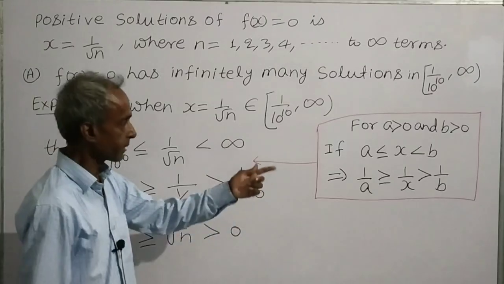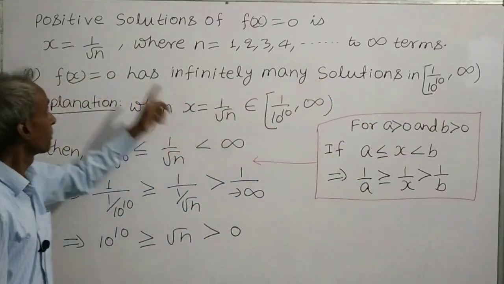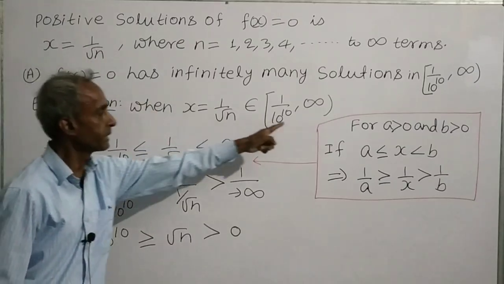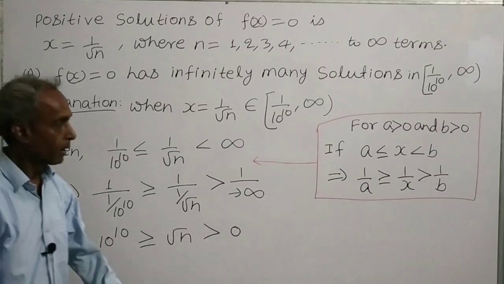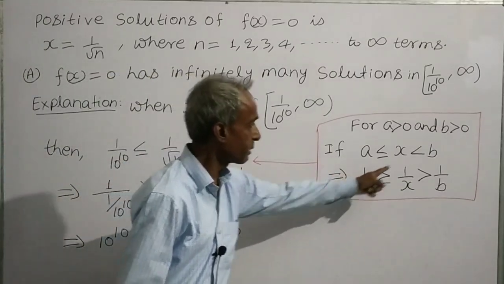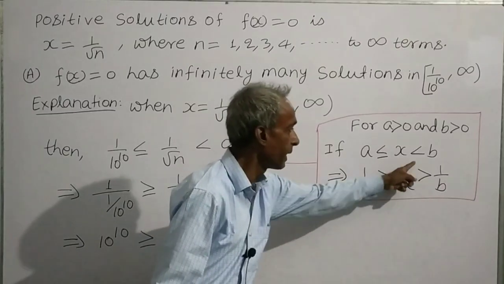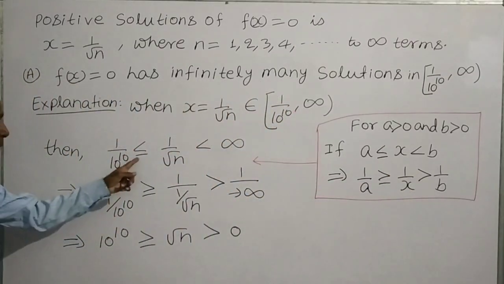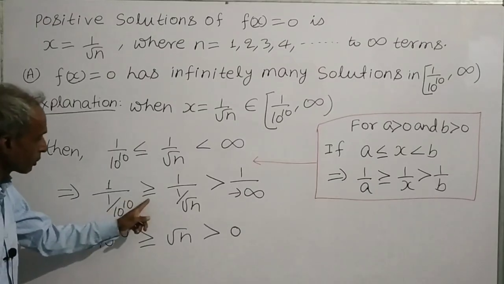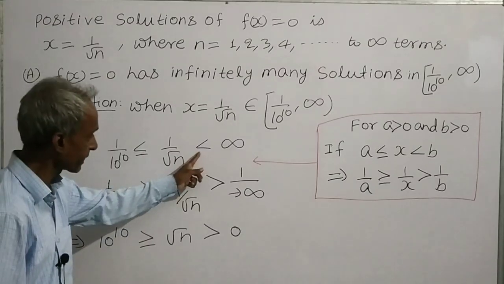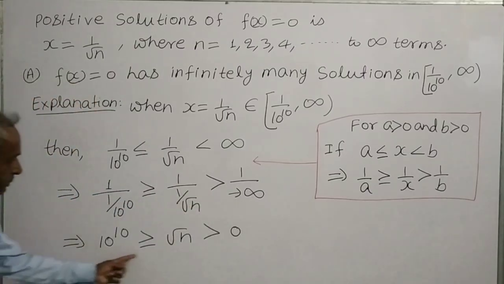When solutions lie in this interval, that means 1 by root n lies in this interval. When we take the reciprocal, the inequality reverses. Therefore, less than or equal to changes into greater than or equal to, and less than converts into greater than. This gives this.